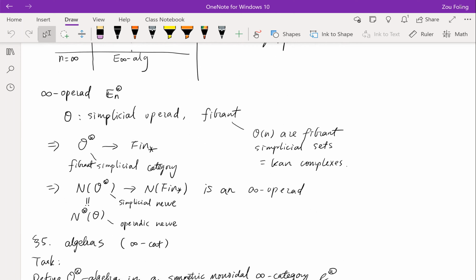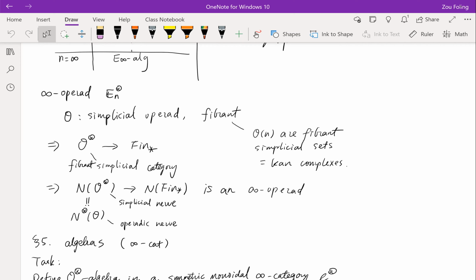Okay, so from that operad, I want to build an infinity operad. Before, we said if we have an operad in sets, then we can do the multi-category construction, and then build that infinity operad. Here I have an operad in spaces. So what should I do? Well, I first turn spaces into simplicial spaces.